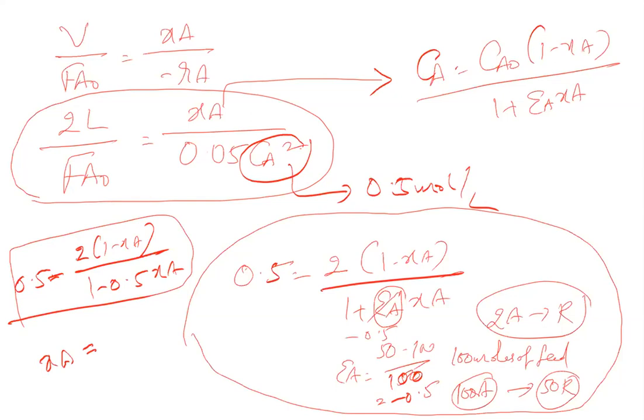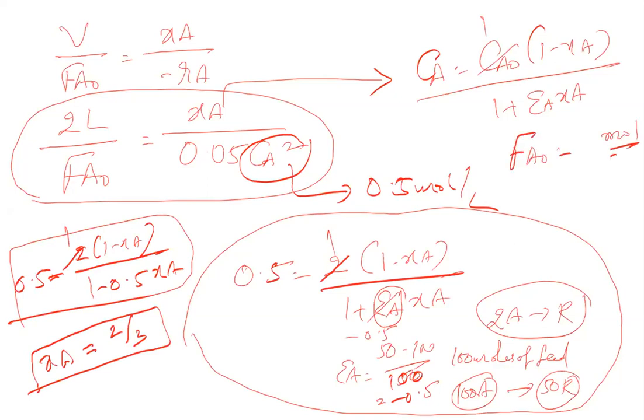Oh, CA naught is equal to 1. So this is 1, this is 1, this is 1. So what is XA? You are getting 2 by 3, no? Or 66 percent. Substitute 66 here, then you will get directly FA naught. Answer directly you will get in moles per second, because the rate expression units are moles per liter per second.